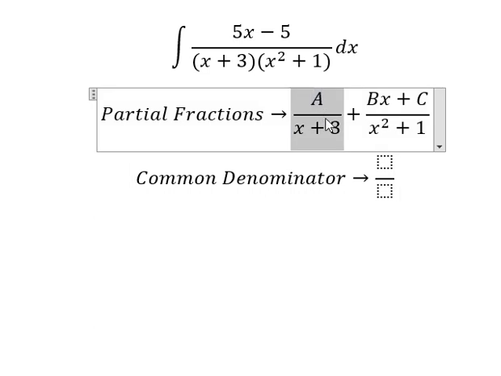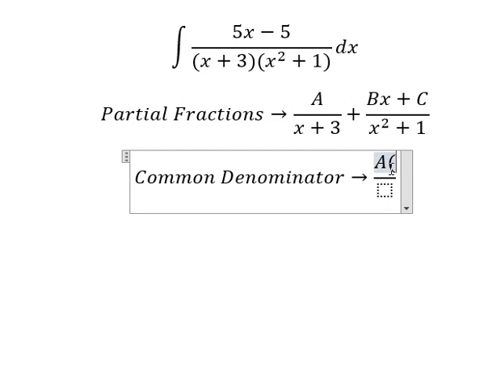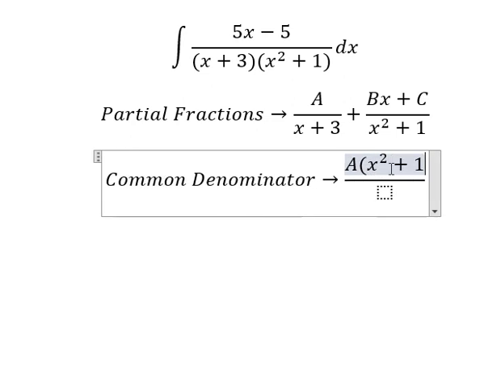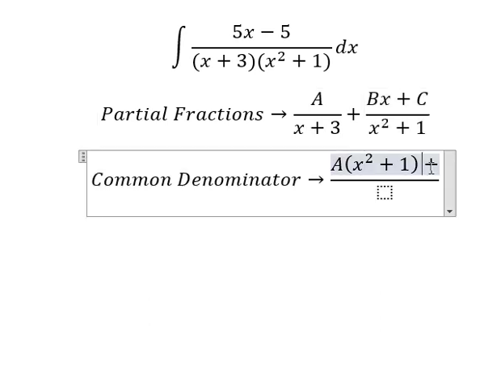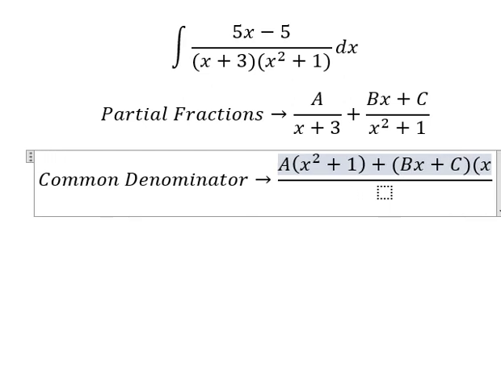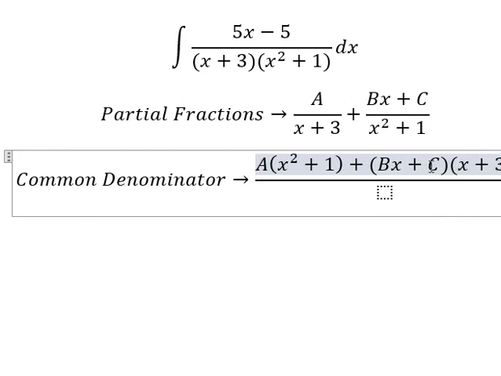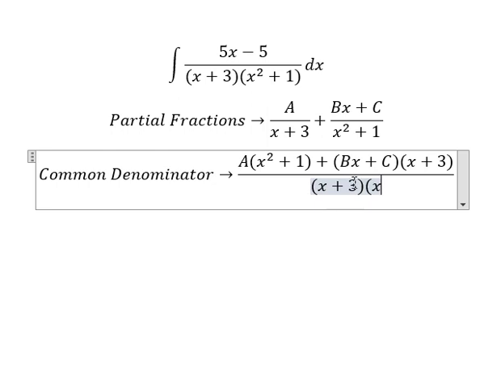This one is missing s squared plus 1, so capital A multiplied by s squared plus 1. This one is missing s plus 3, so Bs plus C multiplied by s plus 3. And we can put it like this.